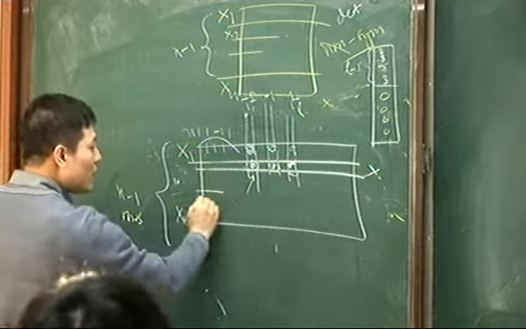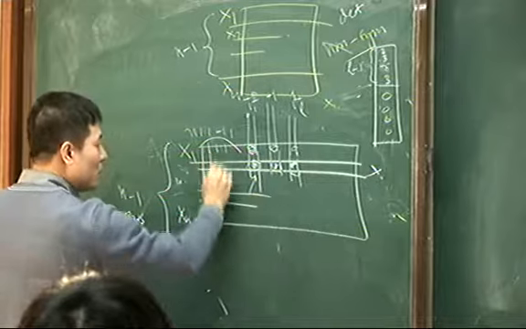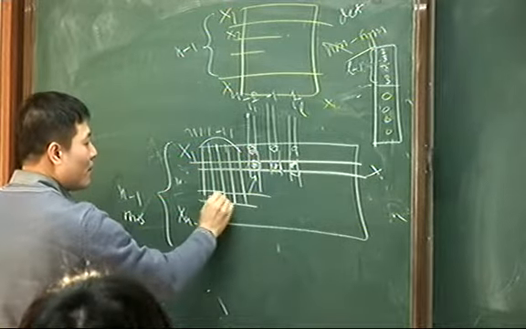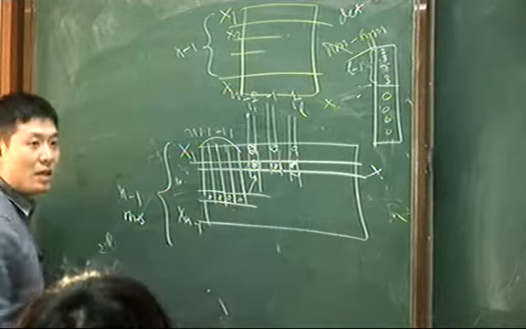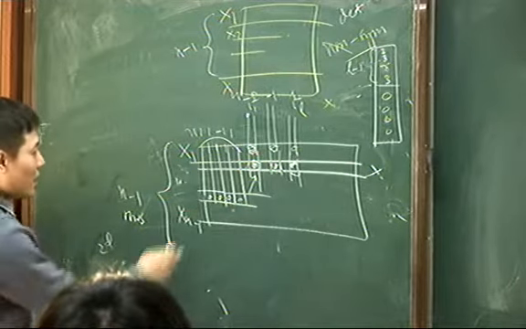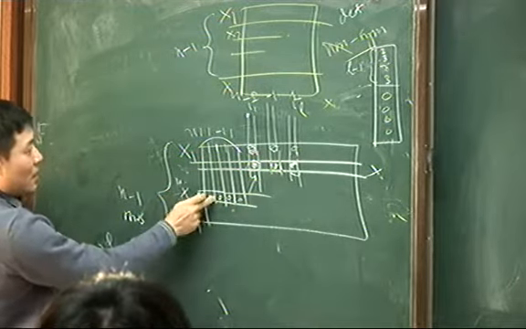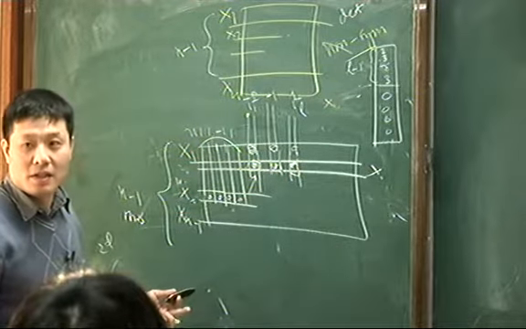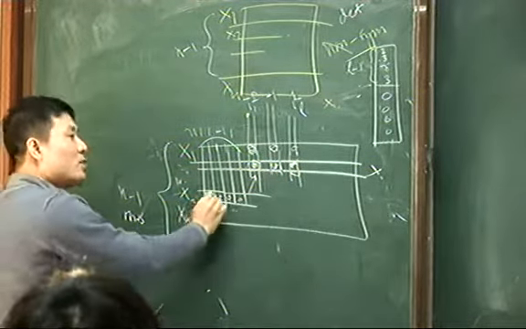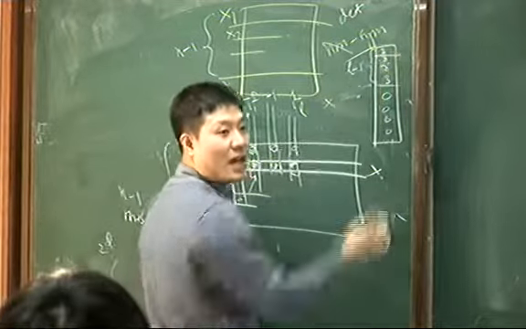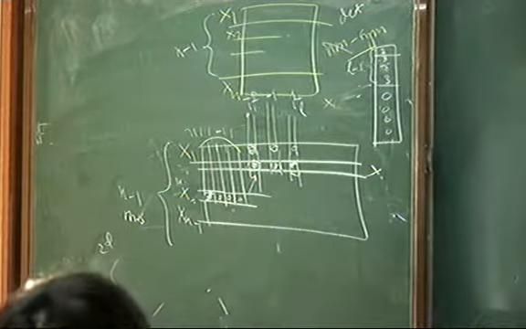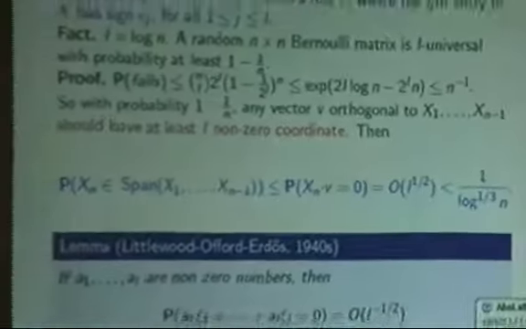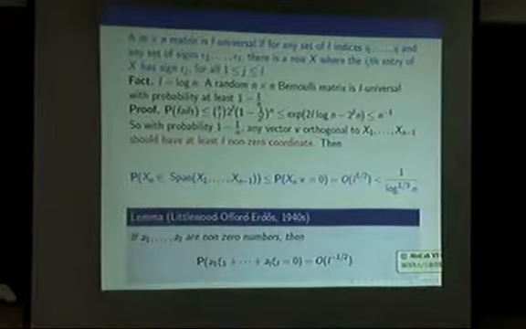Then I can find some row where I have matching entries here, and then the inner product of this row with v is guaranteed to be positive, because I multiply every entry with a number of the same sign. So we know that v should have at least L non-zero coordinates.